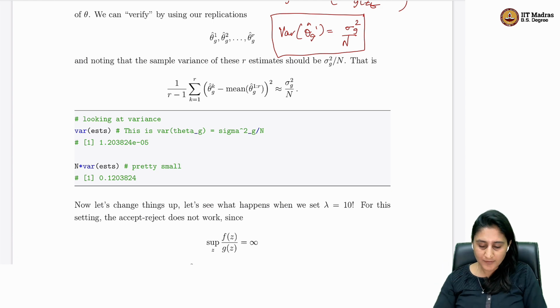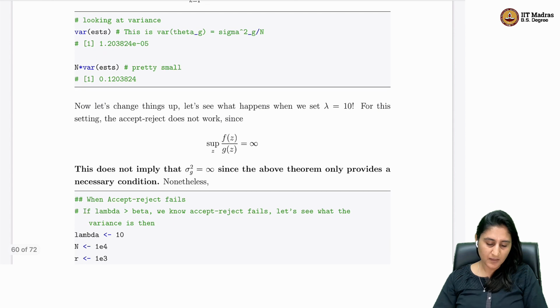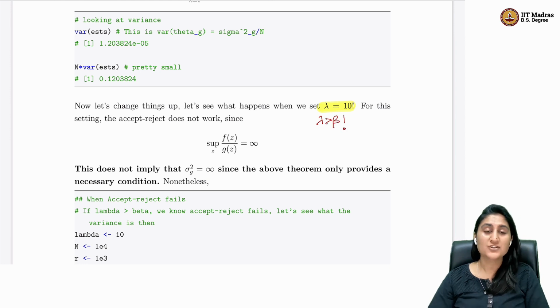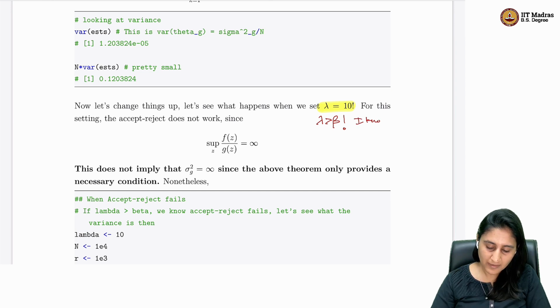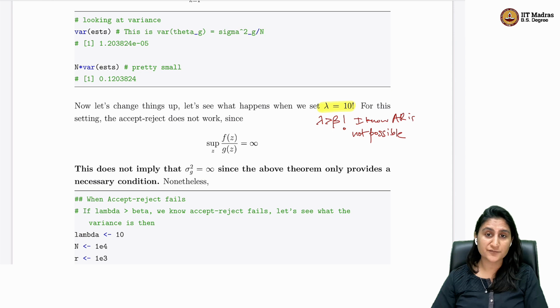Now, let's see what happens when we change things up a little bit. Let's see what happens when lambda is equal to 10. Here lambda is greater than beta, so I know AR, accept reject, is not possible. But then again, my theorem is not a necessary and sufficient theorem.